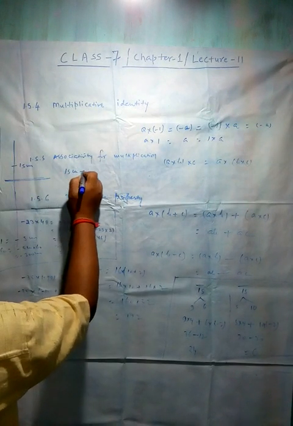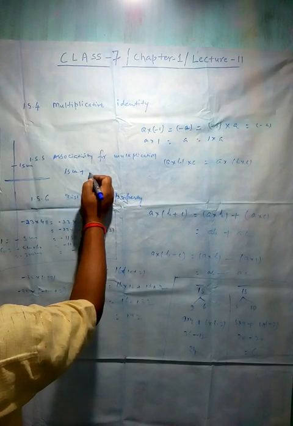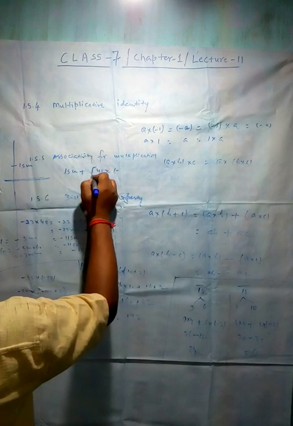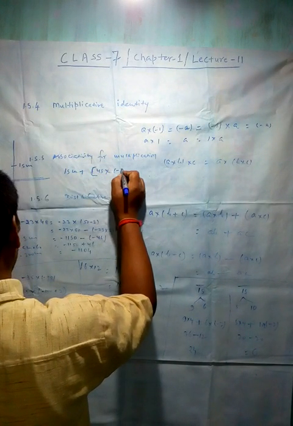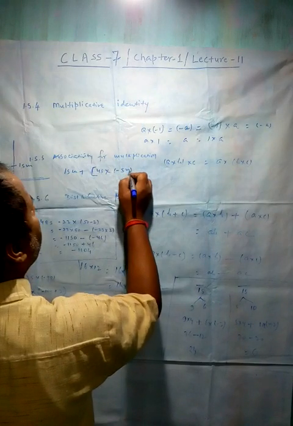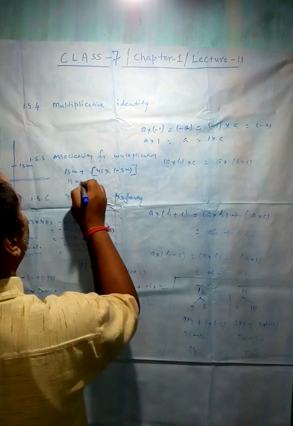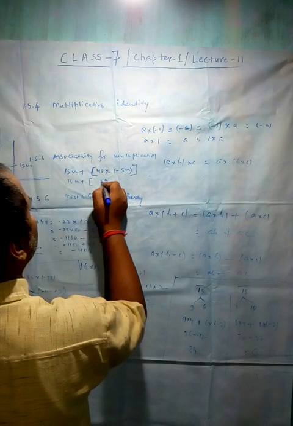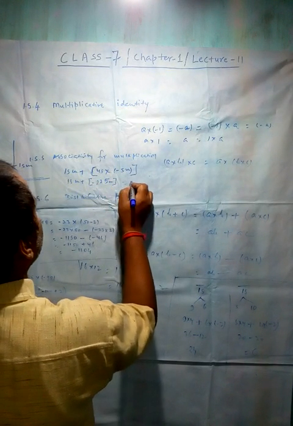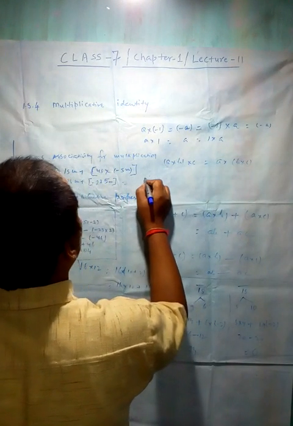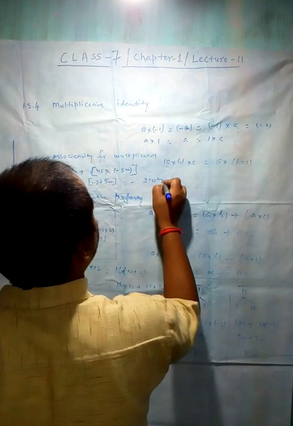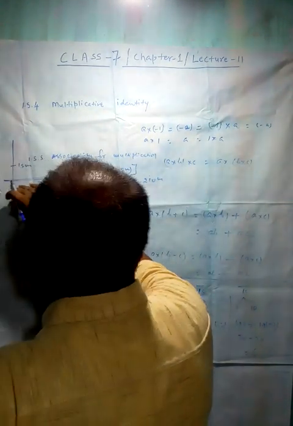So 15 meters plus 45 into minus 5 meters per minute. So 15 meters plus in bracket 45 into minus 5, minus 210 meters. That means from the ground level below it is 210 meters.